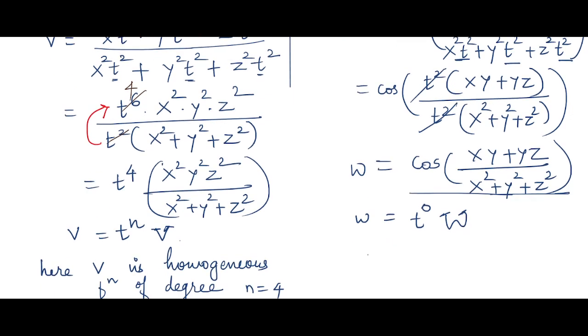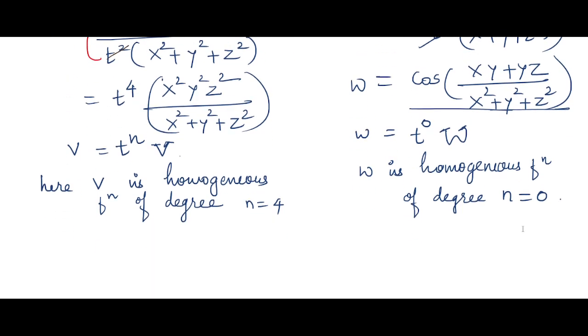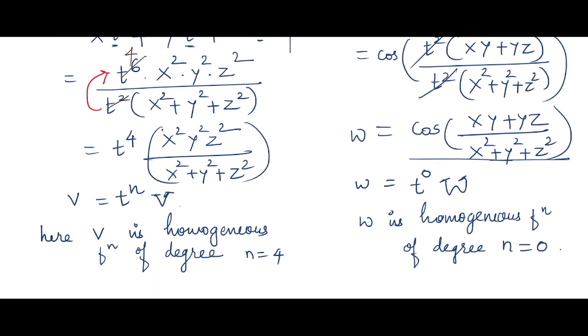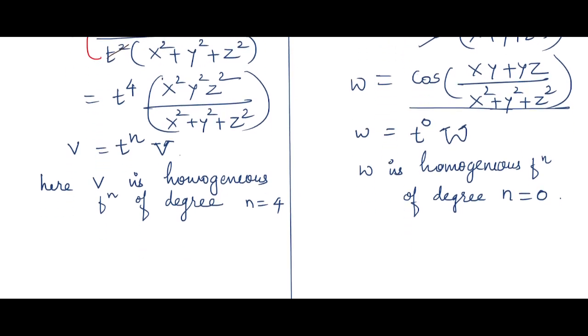So here W is a homogeneous function of degree n is equal to 0. So once we know it is a homogeneous function, here we can apply Euler's theorem for both the terms.